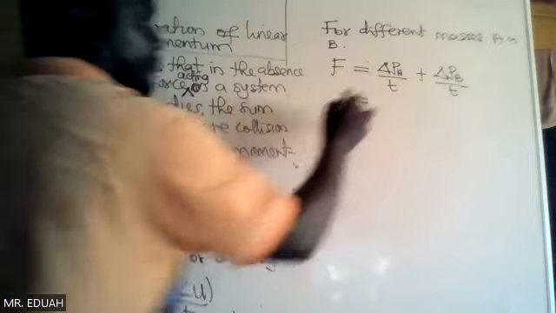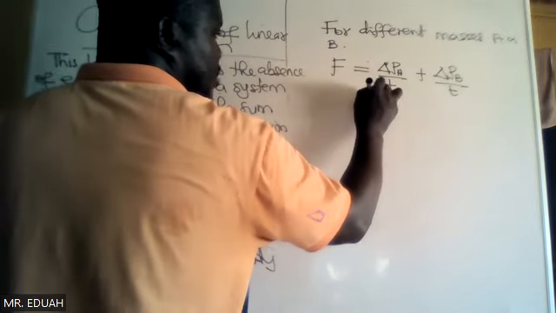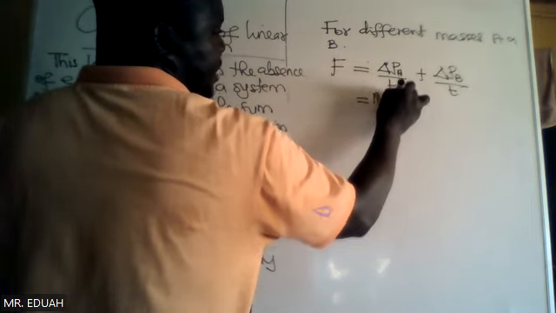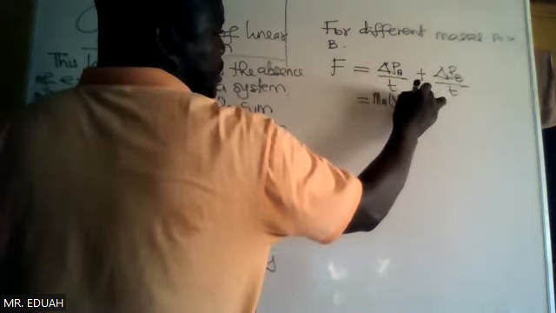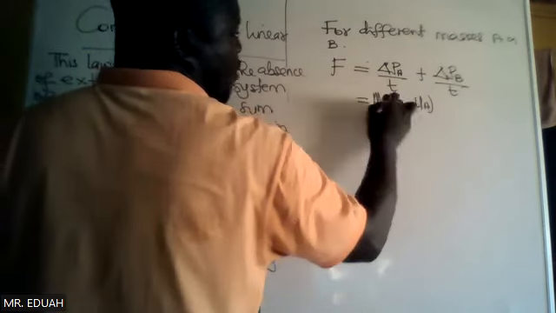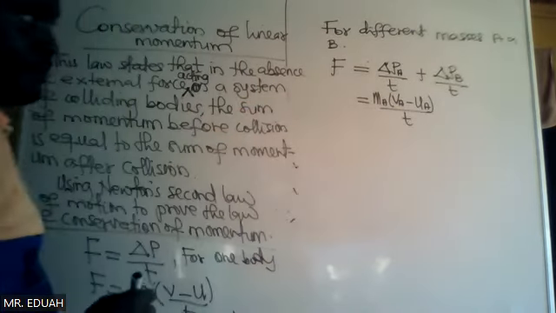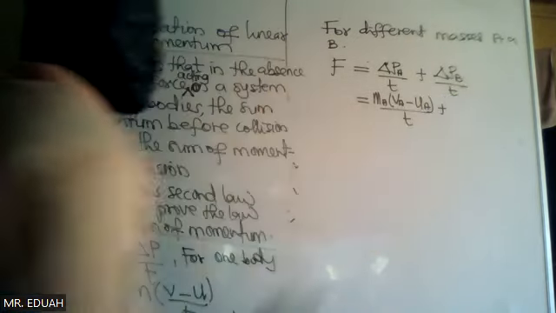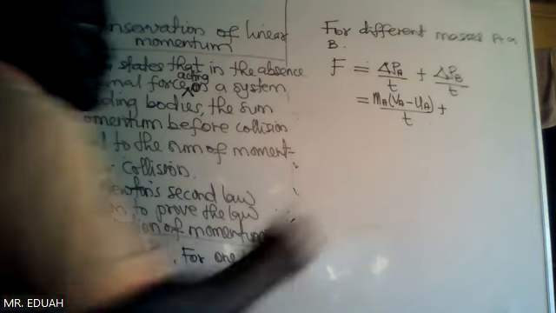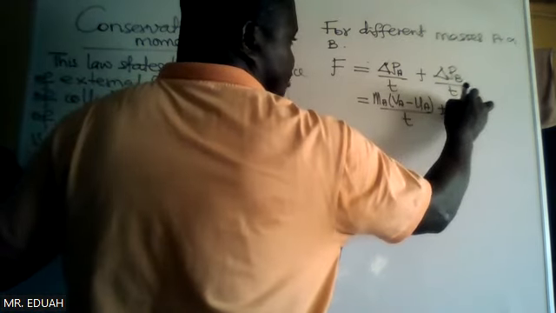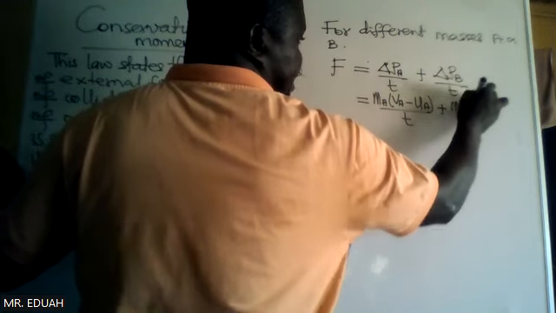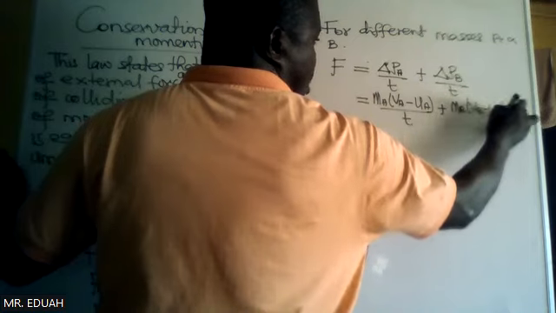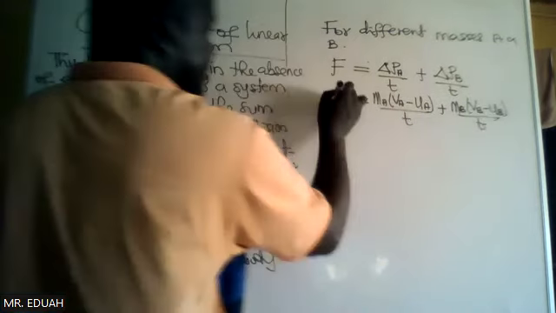So we have change in momentum: mass of A times V of A minus U of A over t, plus delta P of B, change in momentum of B, M of B, V of B minus U of B, all divided by t.